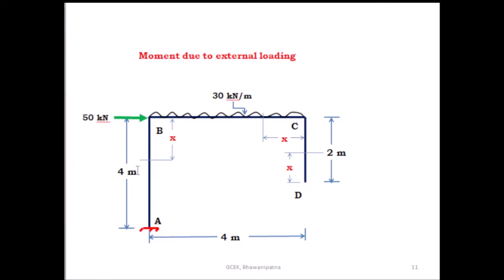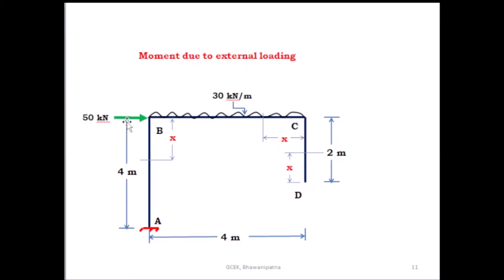Then take another section on the span AB at a distance x from the support B, and find out what is the moment here. Because the load is 30 kilonewton per meter and the length is 4 meter, the total load is 30 into 4, and the central distance is 2. So the moment due to this UDL is 30 into 4 into 2, which is equal to 240 kilonewton meter.